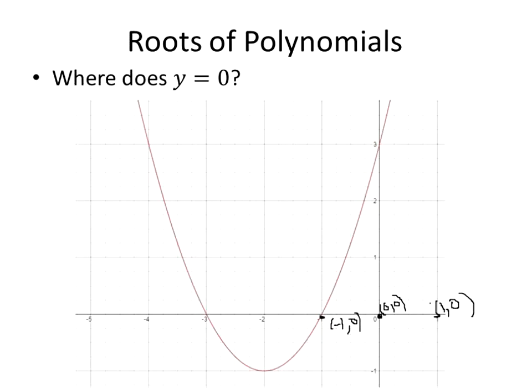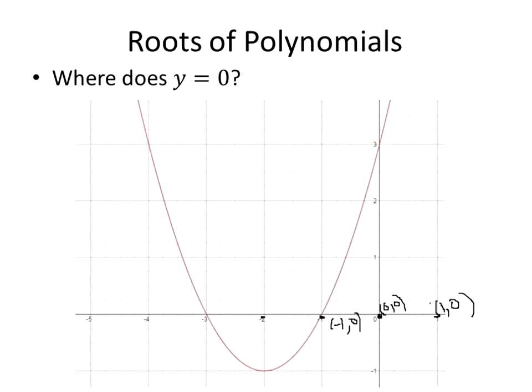Where are all those points? On the x-axis, right? So where does y equal 0? On the x-axis. Did everybody see that? No matter what point I pick on the x-axis, the y value is always going to be 0.